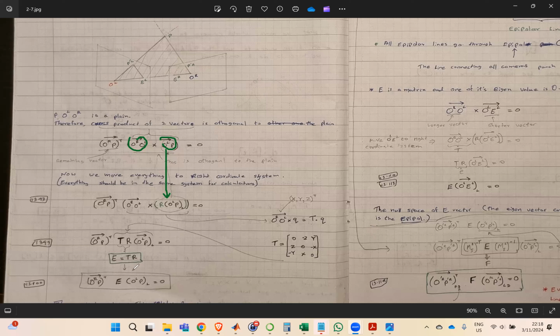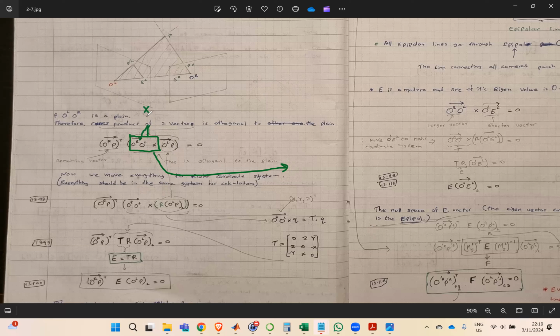So then the next part is this thing, our vector with the cross product. Can we do something for this? Last time we replaced this with something. What is this? O_R O_L.